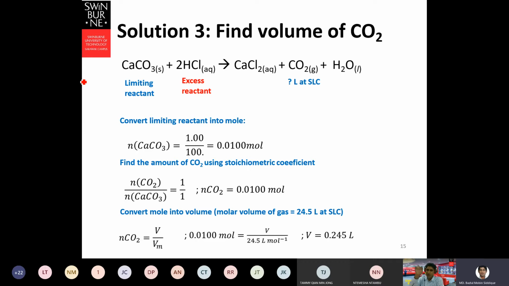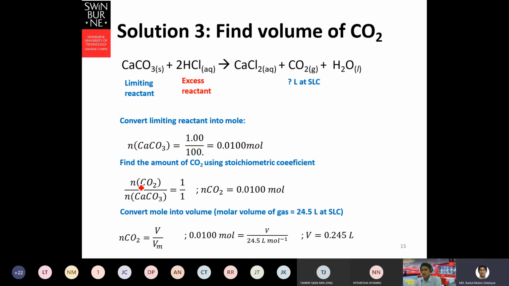The product is going to follow the number of moles of the limiting reactant. So since 1 mole produces 1 mole of carbon dioxide, 0.01 mole of calcium carbonate will produce 0.01 mole of carbon dioxide as well.